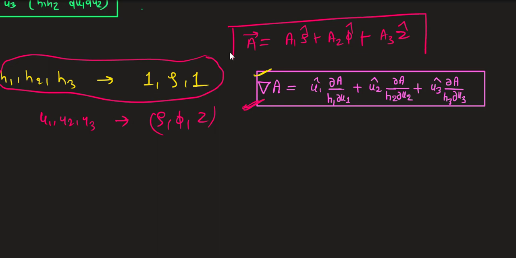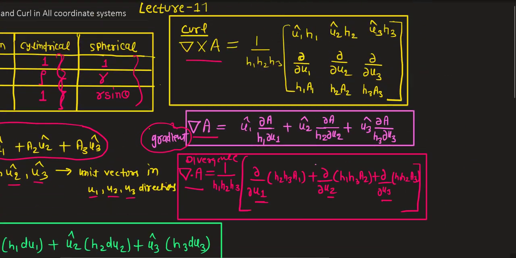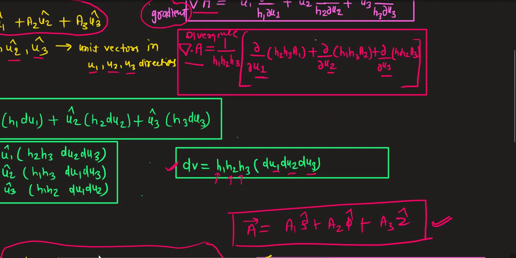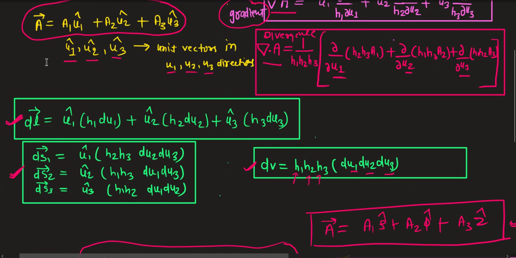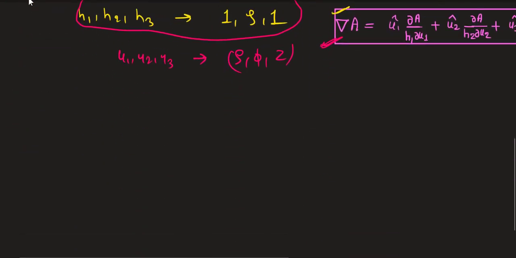Any vector in the cylindrical coordinate system will be given by this. Here I have written down the vector A for any general coordinate system, so you just put u1, u2, u3 as rho, phi and z and you will find the general vector. This is a very normal thing, and I hope you can easily understand it.